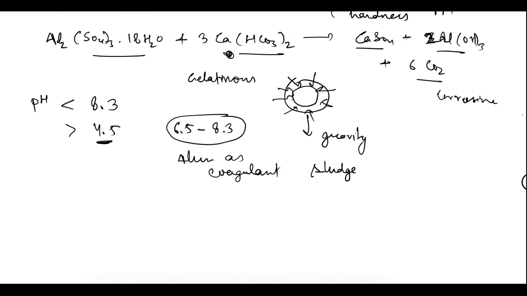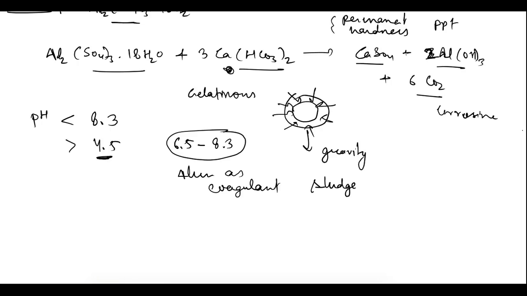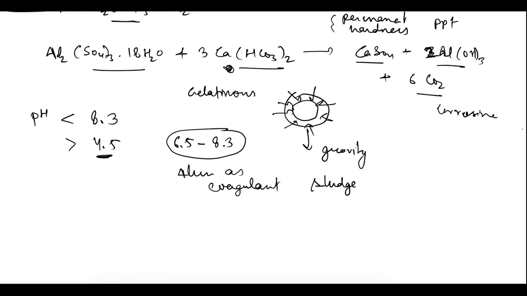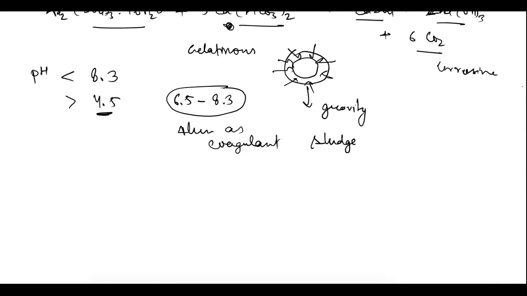So sometimes the pH of water is not suitable and the alkalinity is not in a suitable amount, so we have to add it additionally. Lime, that is Ca(OH)2, or sodium carbonate are added to water to increase its alkalinity.